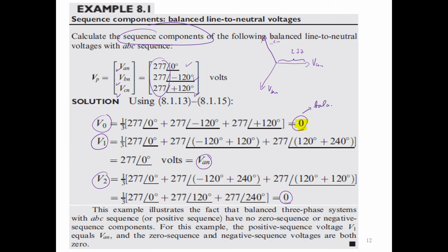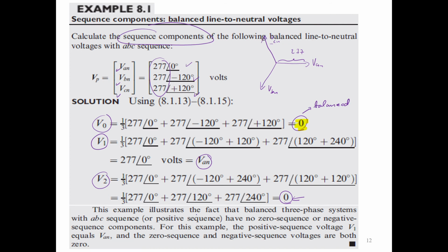If you don't have zero sequence, it tells you that this is balanced. Since the voltage is positive sequence by itself, VP is positive, so you don't have any negative sequence. This is clear. Okay, so let's read the explanation given here.